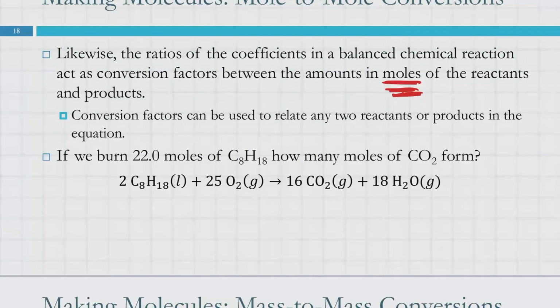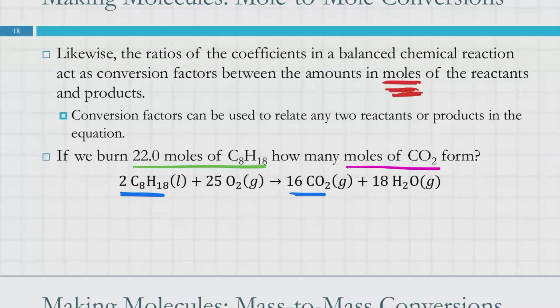So if we burn 22 moles of octane, how many moles of CO2 form? The 2 things that we care about are what? The 2 chemicals, octane and CO2. Those are the 2 things we care about, one that we're starting with, one that we're going to.